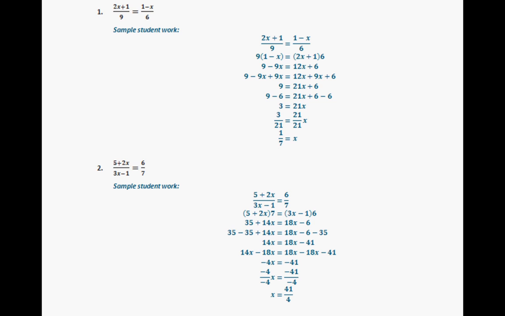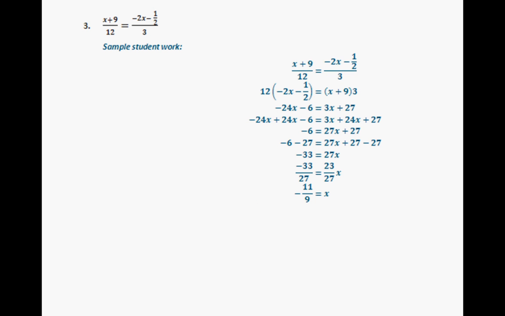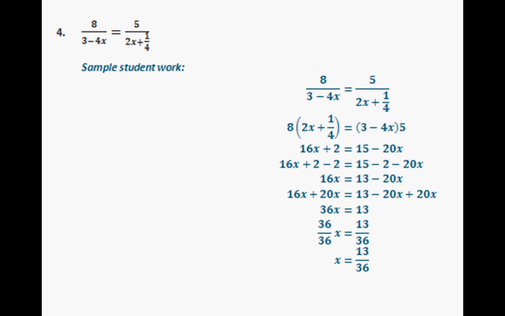Again, if you're having any problems with understanding the process, please make a note and bring it to class. For exercise 3, here is a sample work. X is equal to -11/9. And for exercise 4, the answer is x is equal to 13/36.